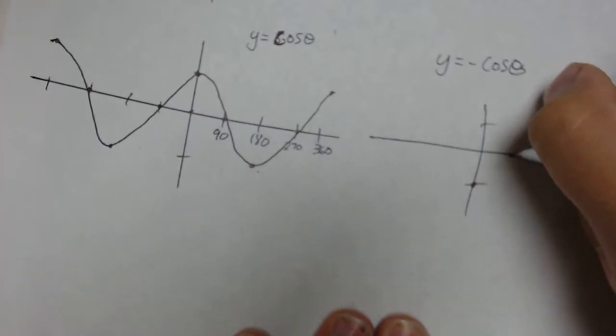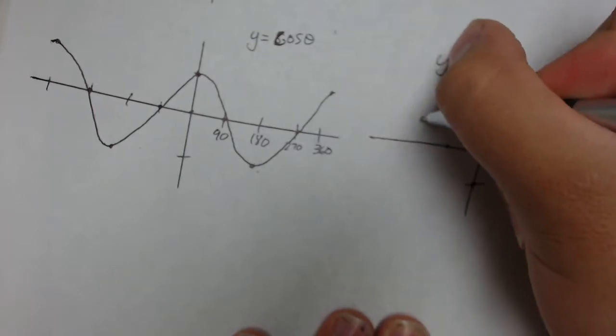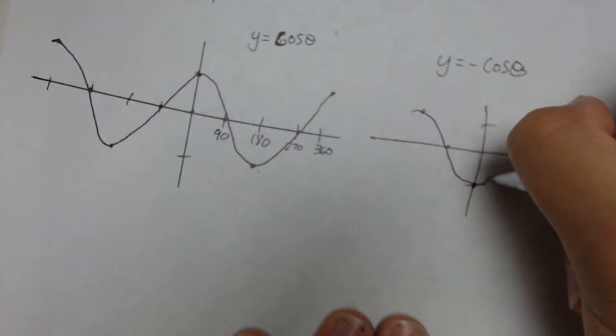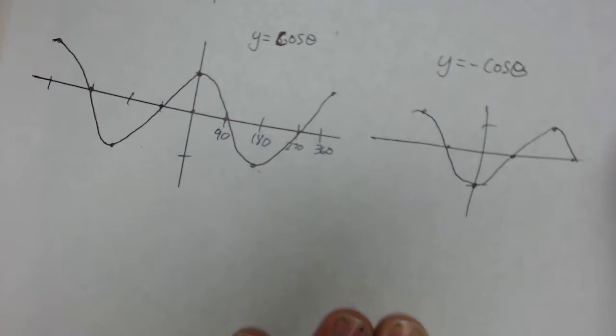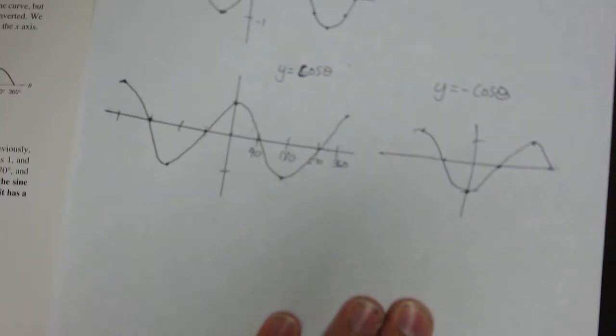And then it would still go to 0 and then be at positive 1. And so it would just do this. All right, so same graph, it's just reversed.